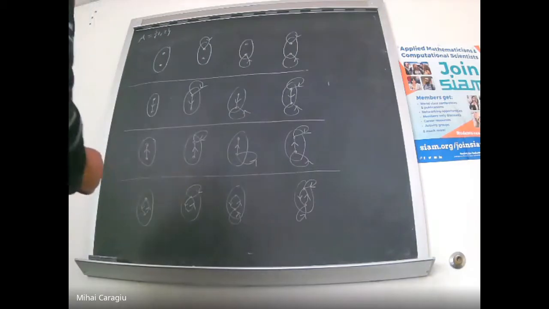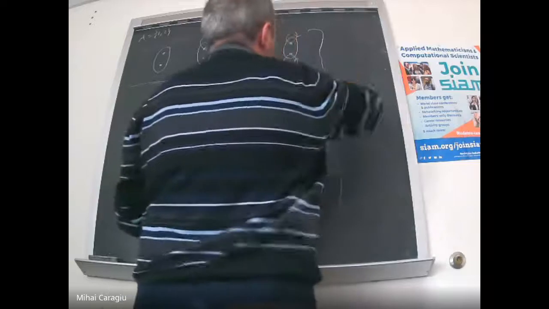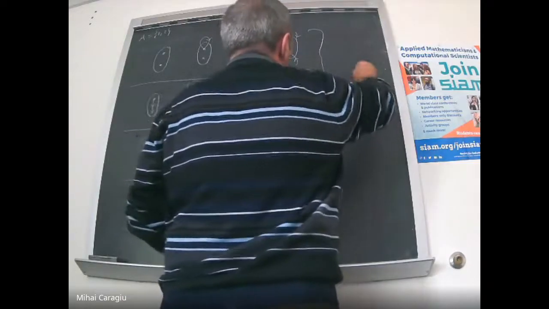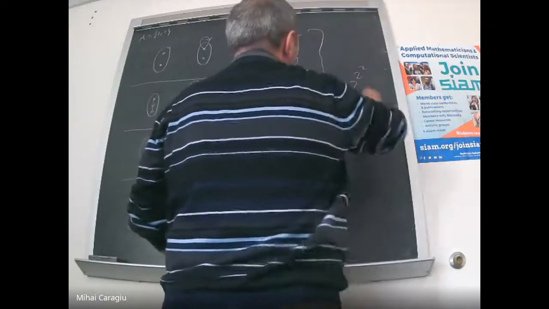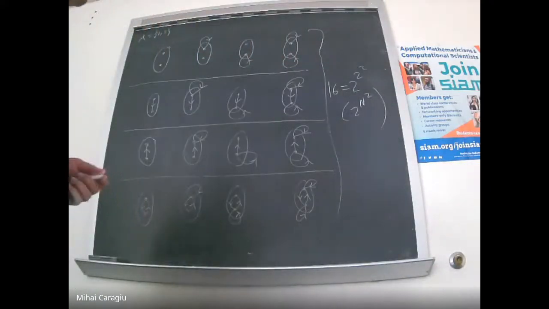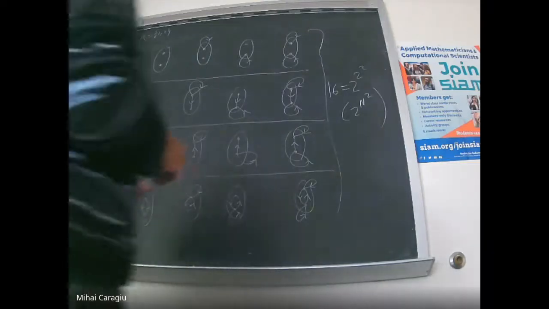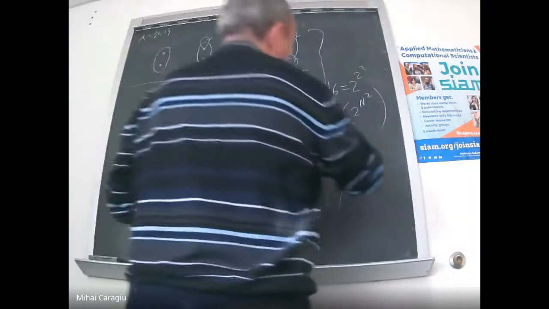So how many are these? There are 16, which is 2 to the power 2 squared. 2 to the power n squared is the general formula for the total number of binary relations on a set with n elements. Now, how many of them are reflexive?